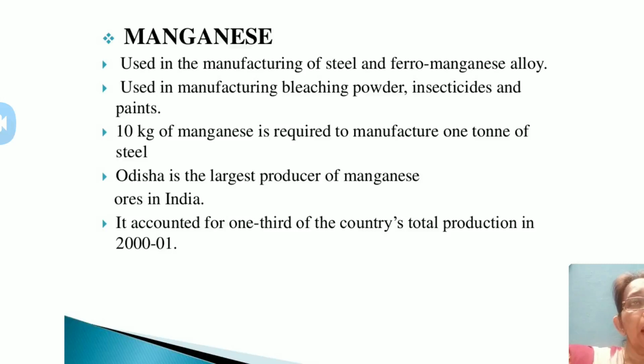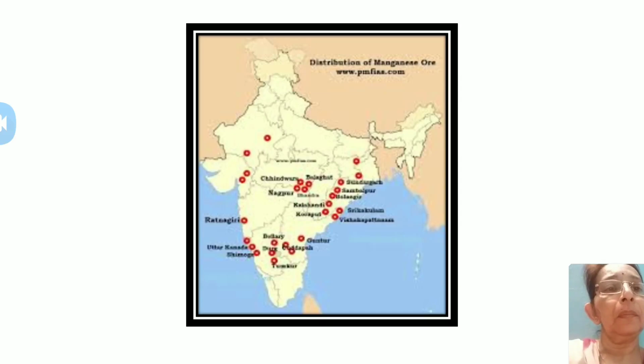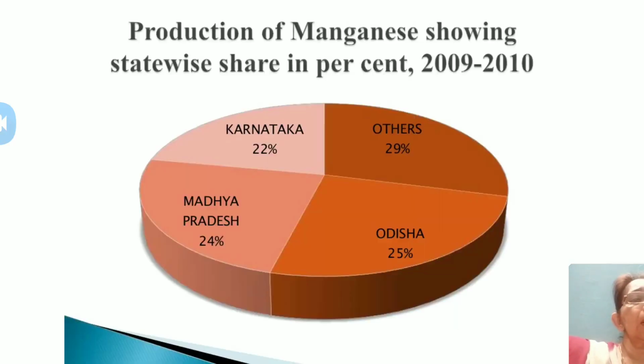Odisha is the largest producer of manganese ore in India. These are the centers where manganese ores have been found in India: Ratnagiri, Bailadila, Visakhapatnam, Nagpur, Chandrapur, Korba.